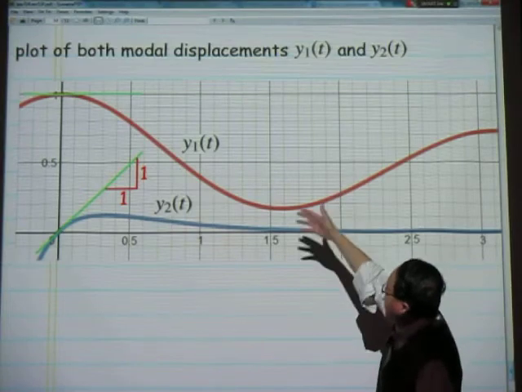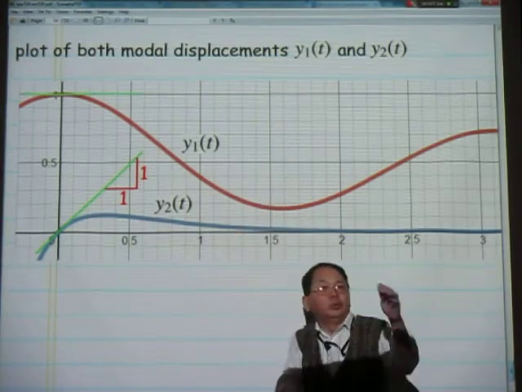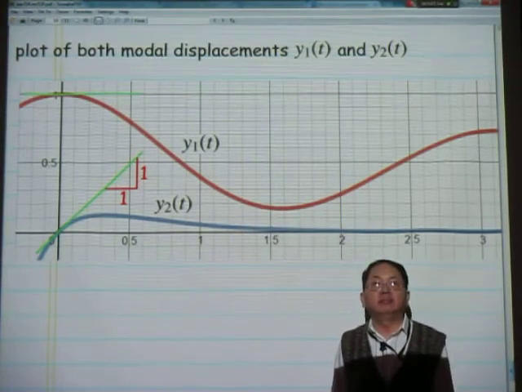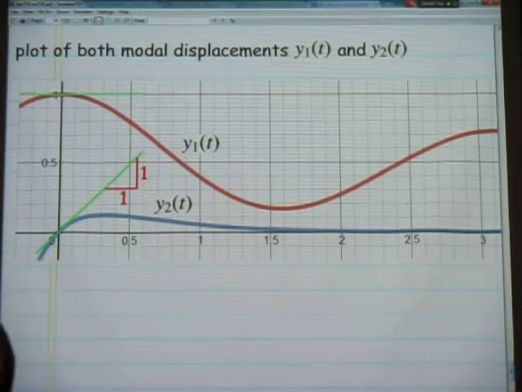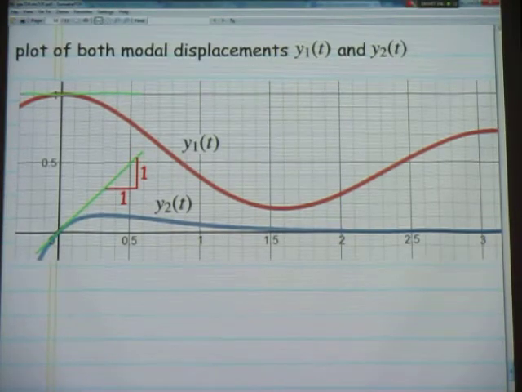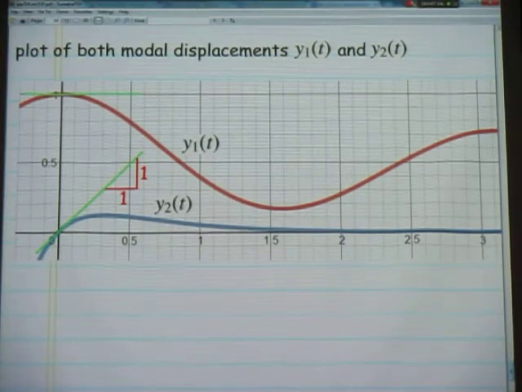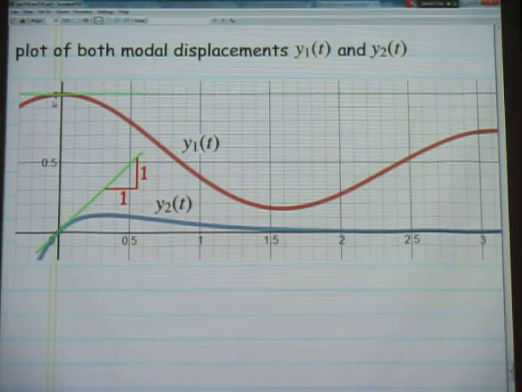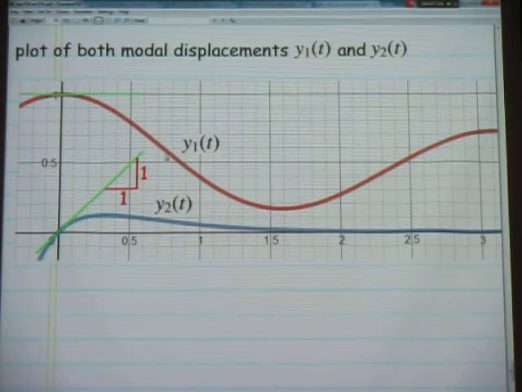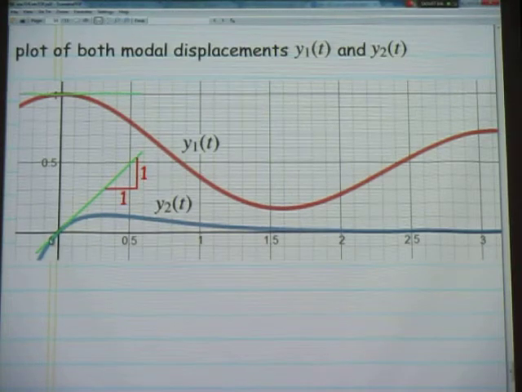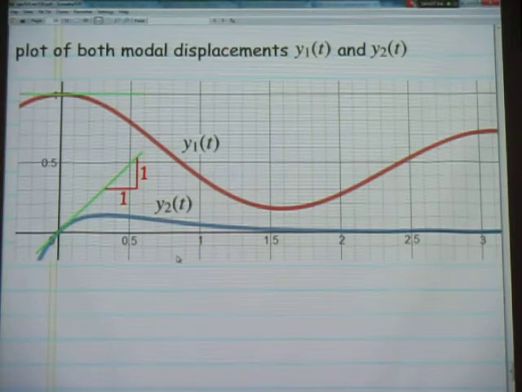Okay, so this is both mode 1 and mode 2 plotted together. And so again, once more, mode 1 you have oscillation, mode 2 no oscillation. Mode 1 is the underdamped case, mode 2 is the critically damped case. That's it.